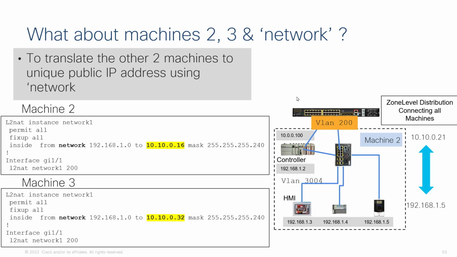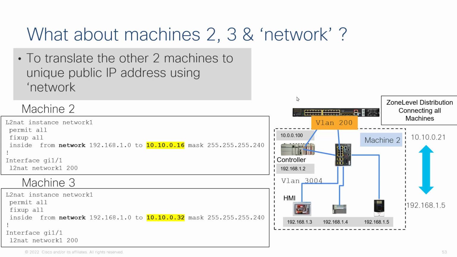So we have to assign unique IP addresses or networks to machines 2 and 3. You'll notice now that in yellow, we've had to add 16 to the outside public IP address to make it unique. Whereas machine 1 was 10.10.0.0, machine 2 is 10.10.0.16 because we're using a /28 mask. The same thing with machine 3, it has to start at 32.